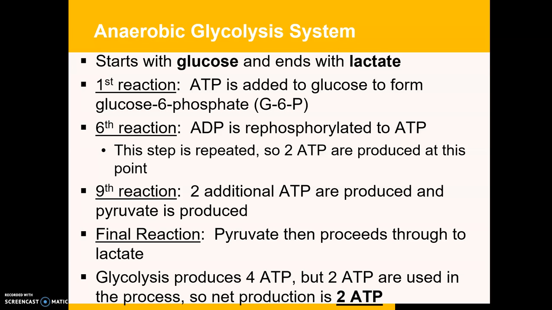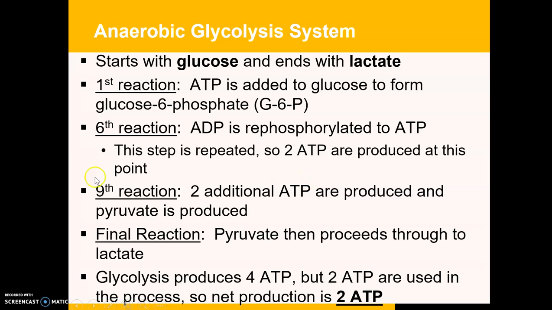In the fourth step, it will split into 3-carbon molecules. After a side-step reaction to DHAP, or dihydroxyacetone phosphate, the 3-carbon molecules are identical. So the remaining reactions of glycolysis are duplicated.